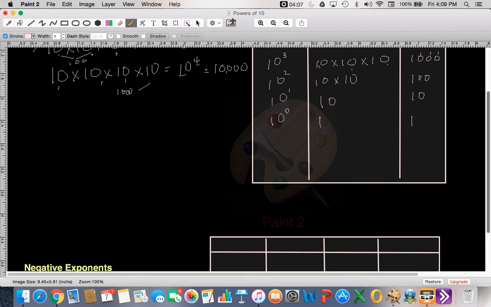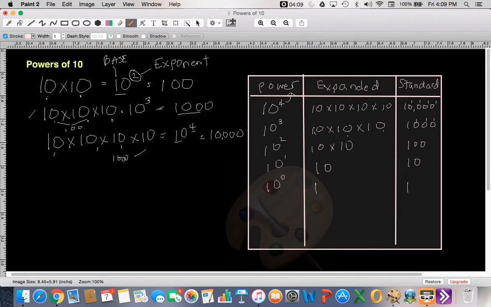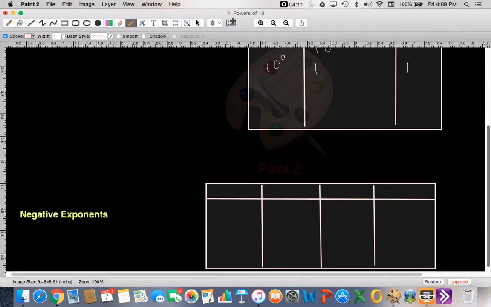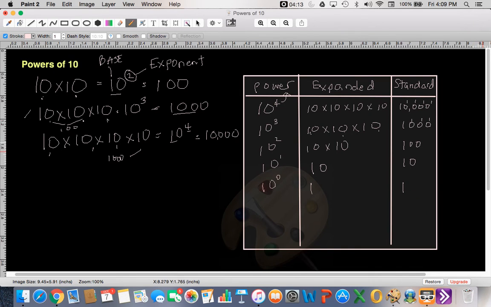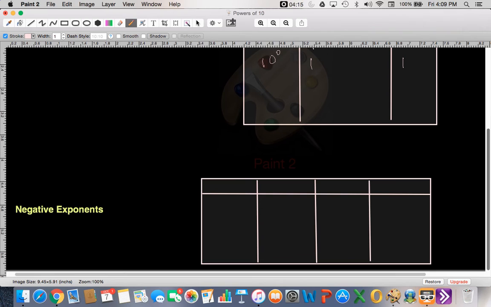Got it? Moving along, there's what we call the negative exponent. So 10 can also be raised to a negative exponent. Let's say 10 raised to the negative power of 2.